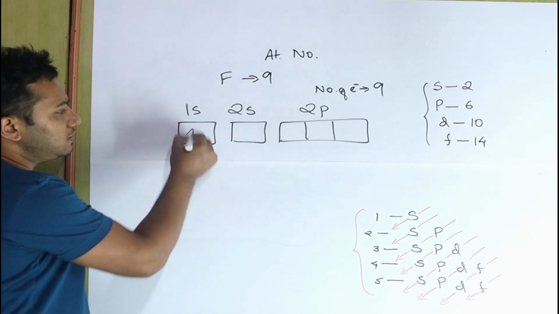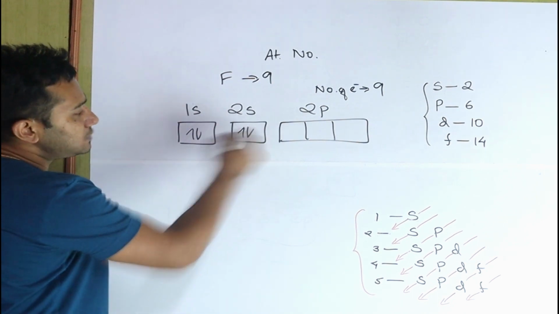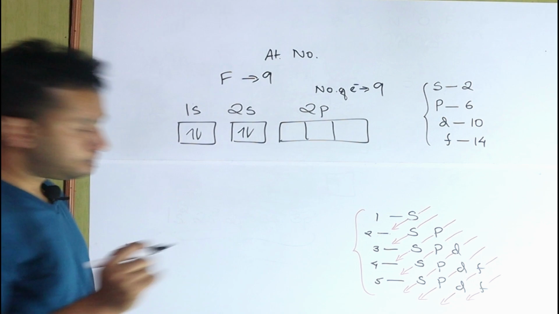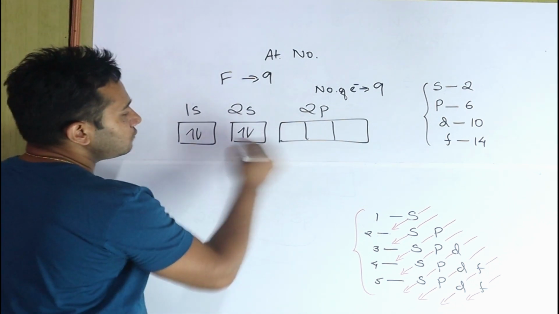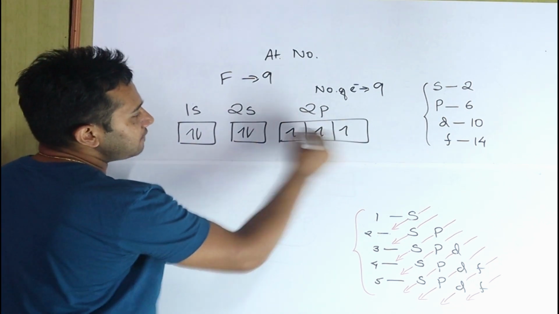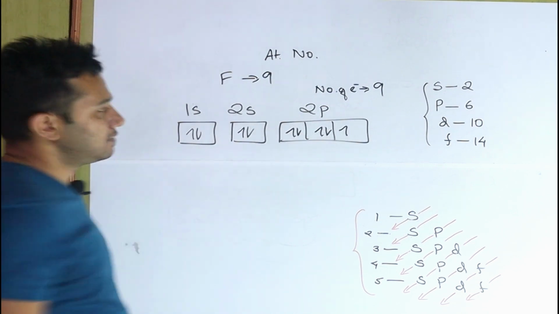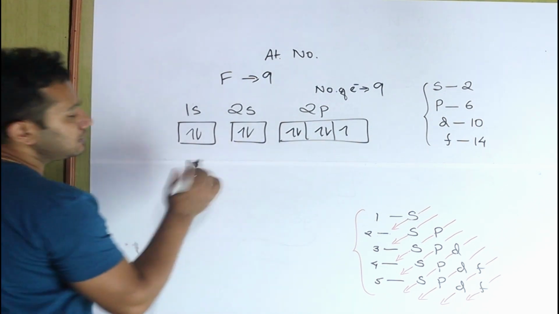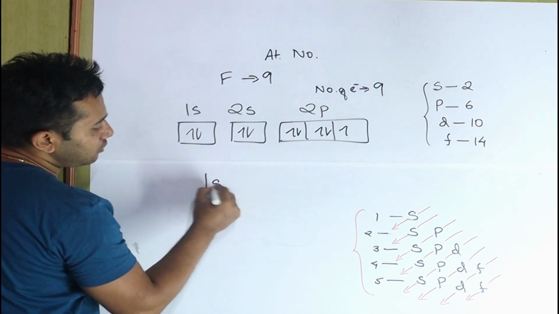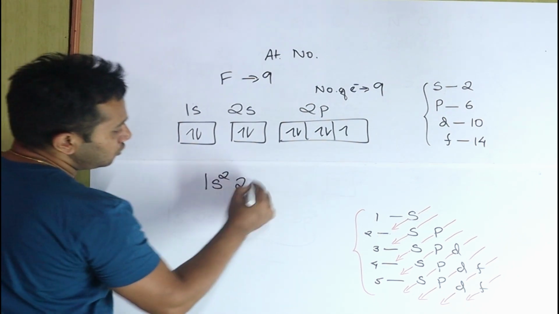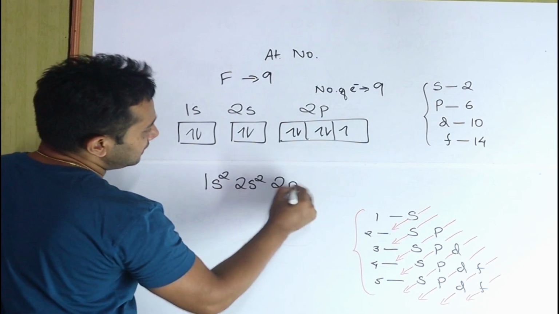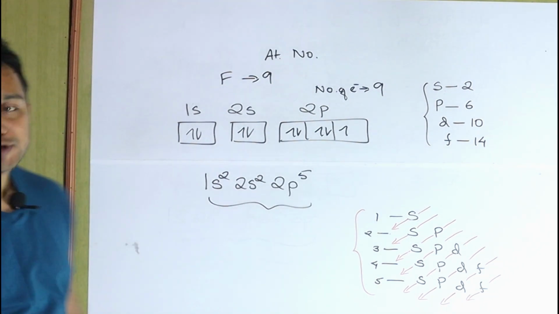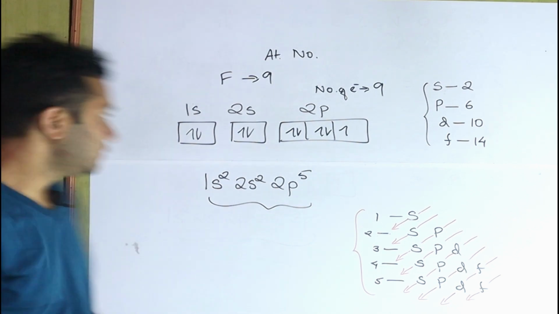In 1s we can fill 2 electrons, in 2s 2 electrons, in p how many electrons are left? 5 electrons, right? 4, 5, 6, 7, 8, 9. So this is how the electrons are going to fill in the orbitals. So if I write the electronic configuration, 1s2, 2s2, 2p5. So this will be the electronic configuration of fluorine.